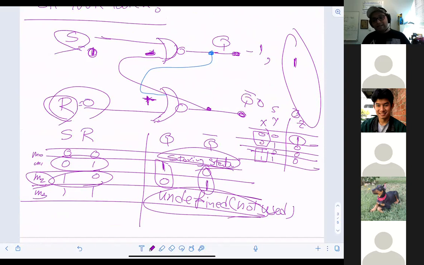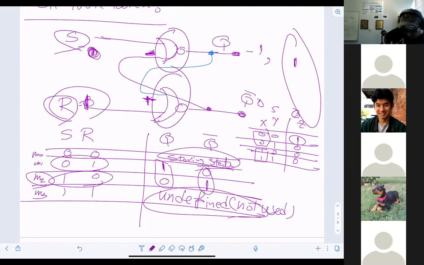Storing. Exactly. So I will give you a scenario. My latch started to be 0 and 1. You agree? Then automatically, after the response of the two NOR gates, it's going to be 1 and 0. Do you agree?